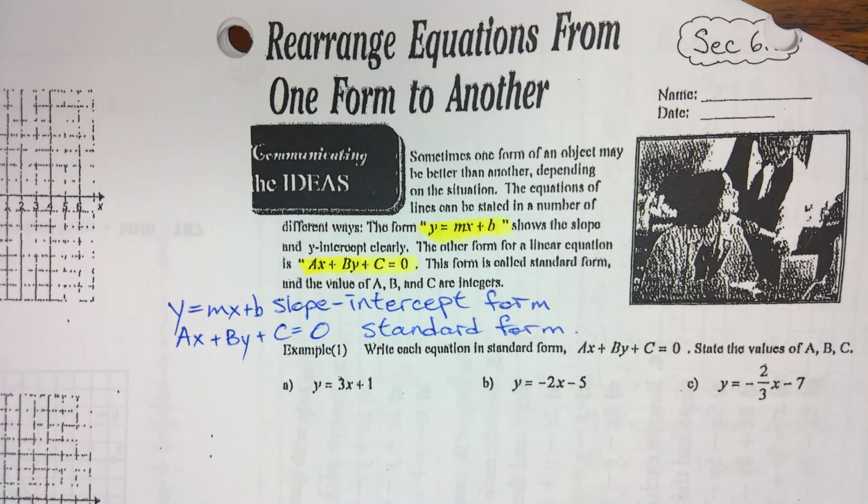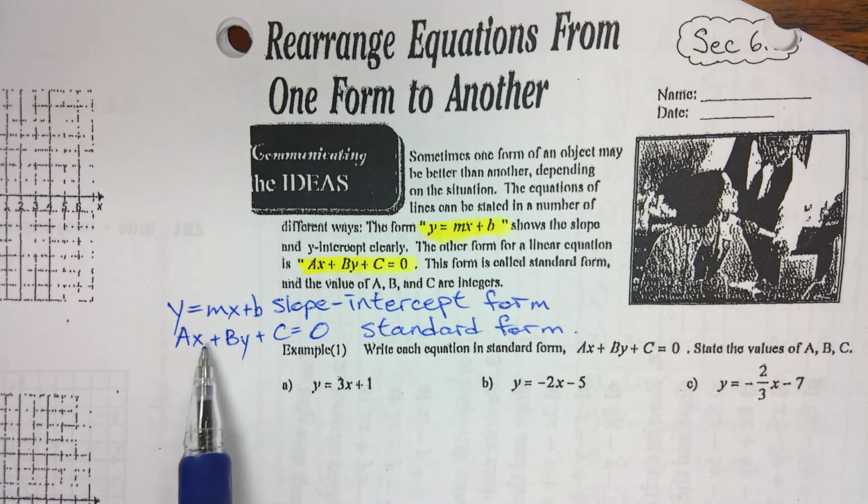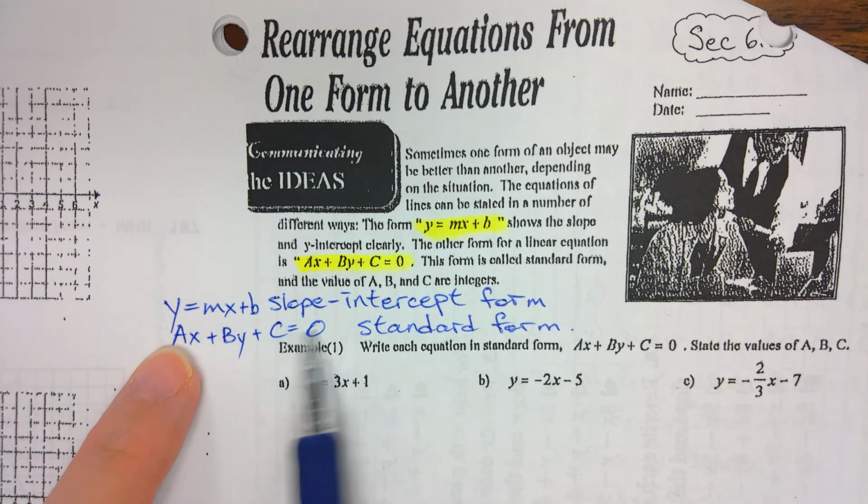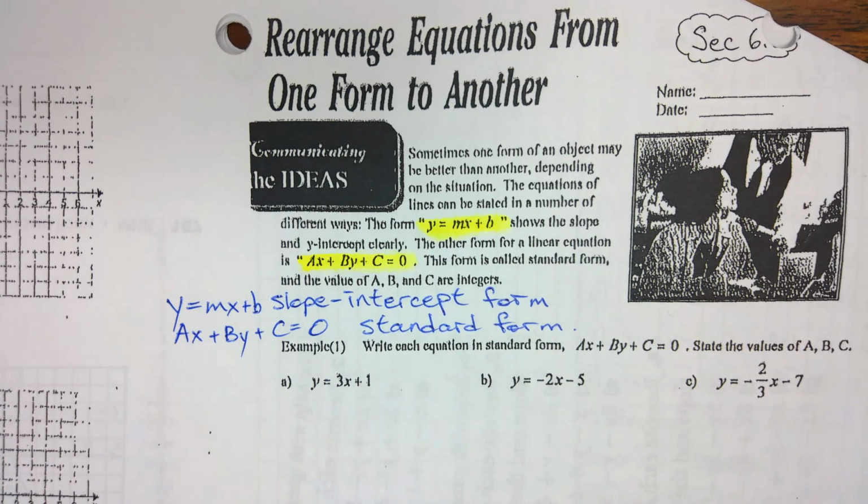But other than that, I don't see any other reasons why you need standard form. Slope intercept form tells you so much more and it's so much easier to graph. If I look at this in this format, I can't tell what my slope is or what my y-intercept is. So that's why we need to be able to interchange between the two forms.